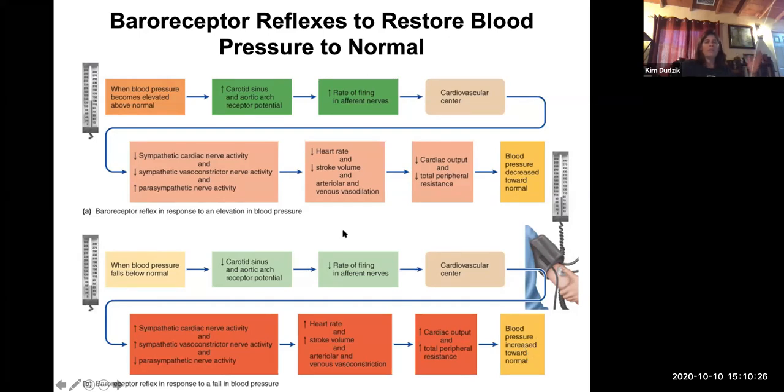So again, when you work in the medical field and you take somebody's blood pressure, right, this is a step-by-step thing you need to understand, because if somebody is not able to adjust their blood pressure, then you know something's wrong. And so now you can step through and try to pinpoint what's wrong.